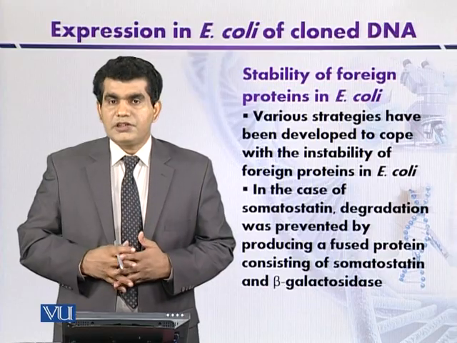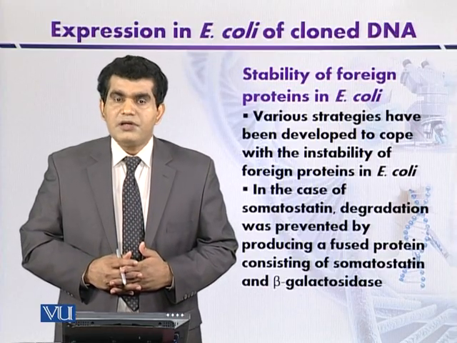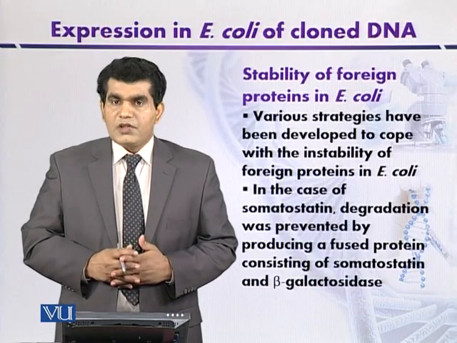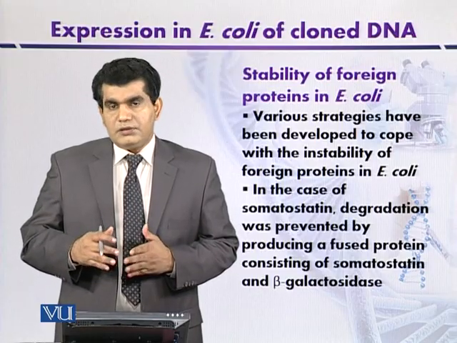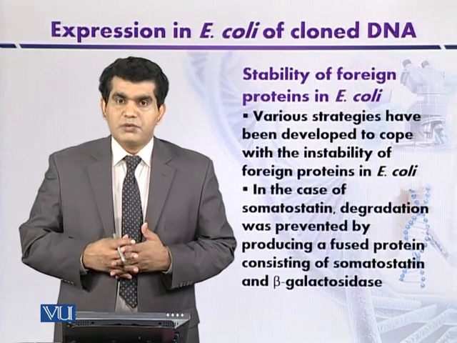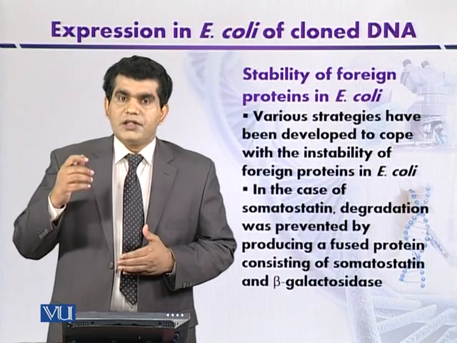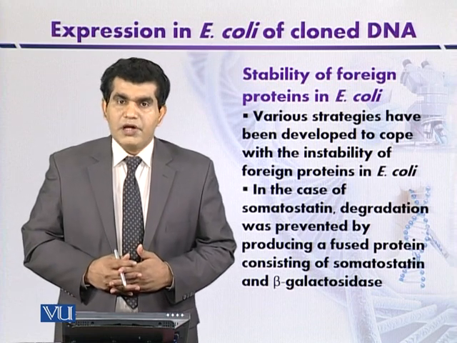And in the case of Lon protease, the activity is ATP dependent. In addition to that, if we want to get this foreign expressed protein, then host organisms that are deficient in Lon protease are more advantageous.